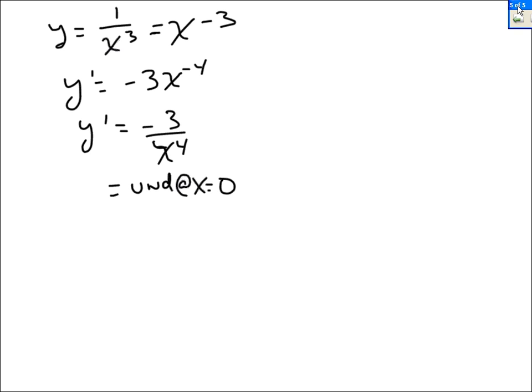Which is okay anyway because the domain is x is not 0. You can't divide by 0, and that happens when x is 0. So there is no y value for x equals 0.